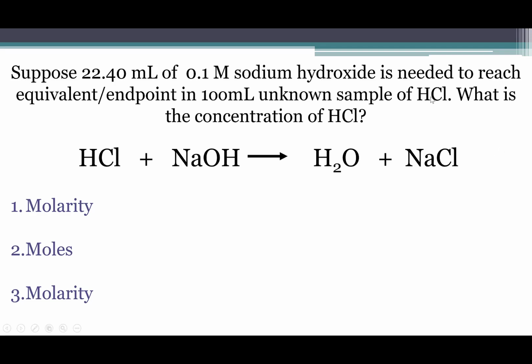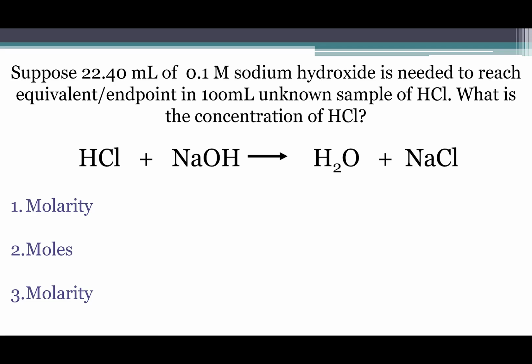So here's our problem. Suppose 22.4 milliliters of 0.1 molar sodium hydroxide is needed to reach the equivalence point or endpoint in 100 mLs of our unknown hydrochloric acid.